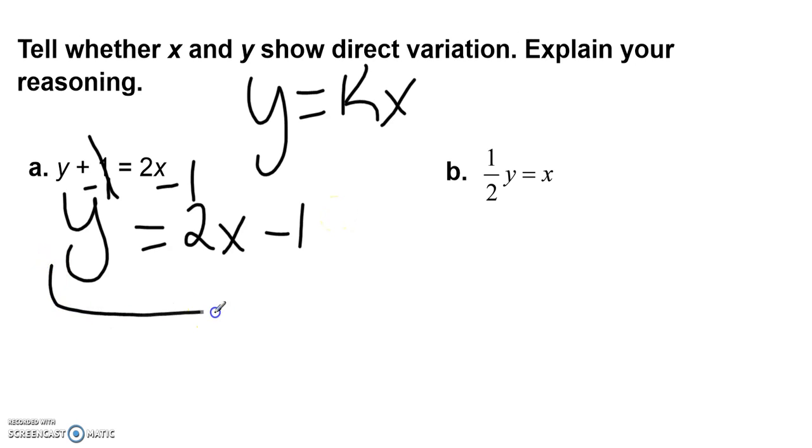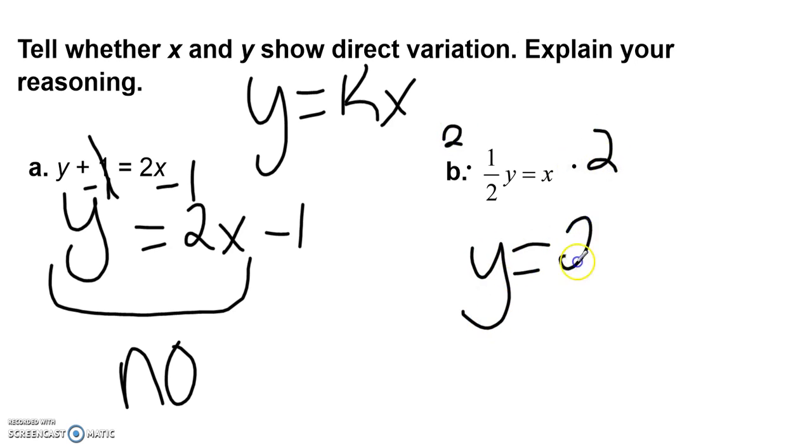If it was just 2x, it would be fine, but it's not going to pass through the origin because of this. So, no. And your reasoning is that it is not in y equals kx form. It is in y equals mx plus b form. And then here we multiply by 2, we get y equals 2x. Is that in this form? Yes, it is. So, yes.